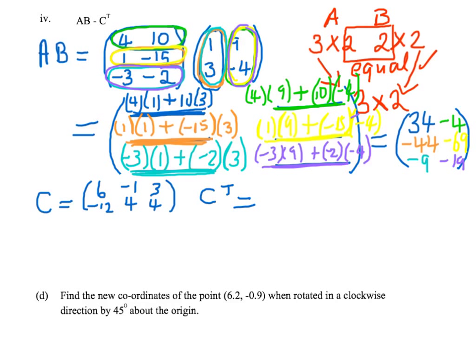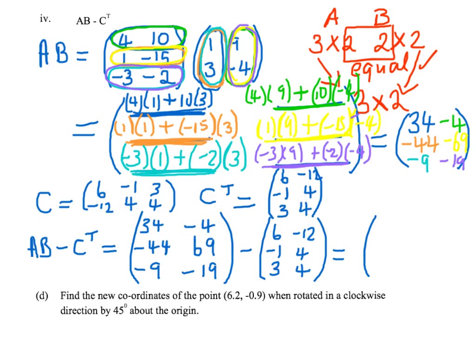So for C transpose, I take the first row, which is 6, minus 1, 3, and I write it as the first column of the matrix. Then I take the second row, minus 12, 4, 4, and I rewrite that as the second column of the matrix. That gives me C transpose.